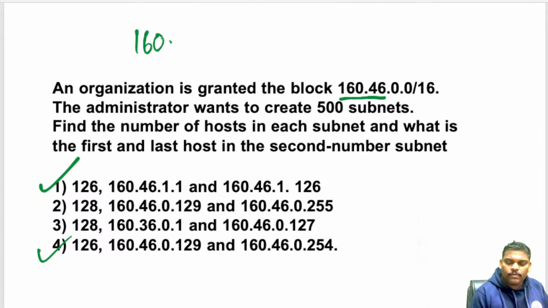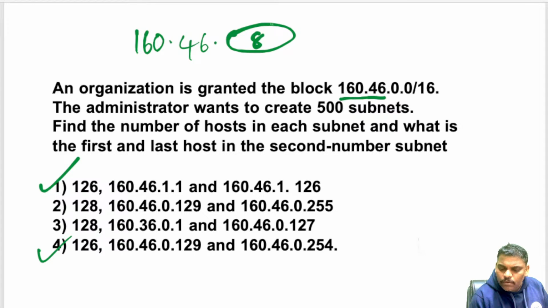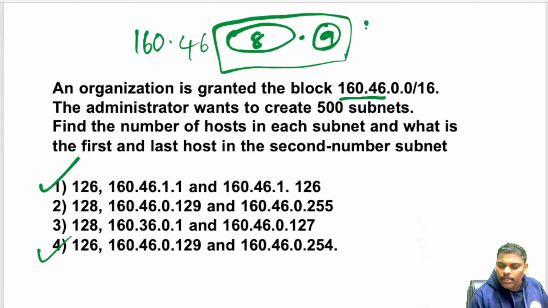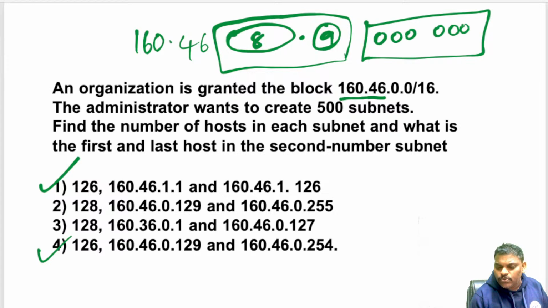So I'm writing now 160.46, 9 bits for subnet. These 8 bits dot 1 more bit. 9 bits for subnet, right? The remaining is host. Hosts are going to be 7 zeros to 7 ones.